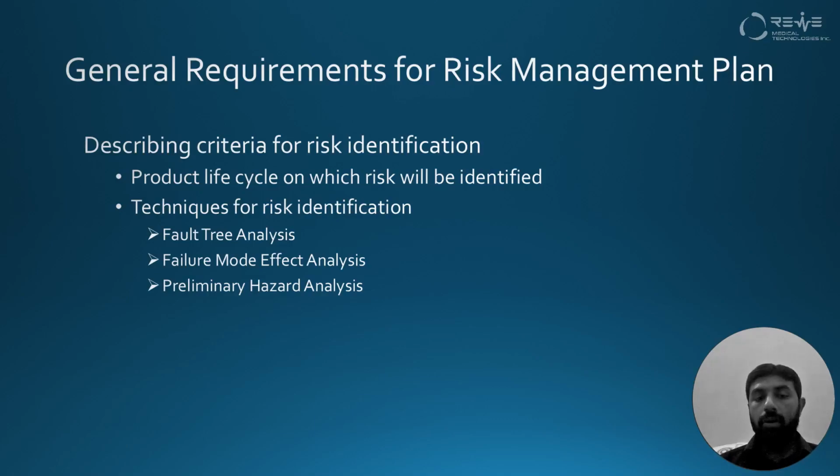In this step, we will announce the product cycle on which the risk management process will be carried out, and we will also plan the techniques for the identification of the risk.